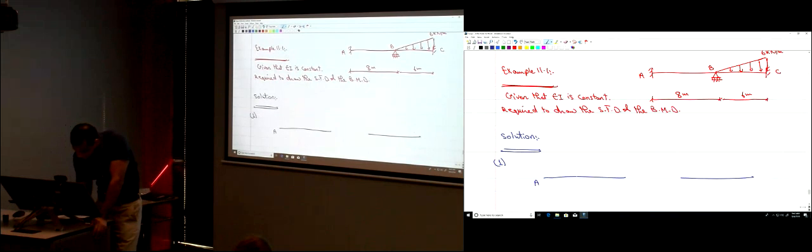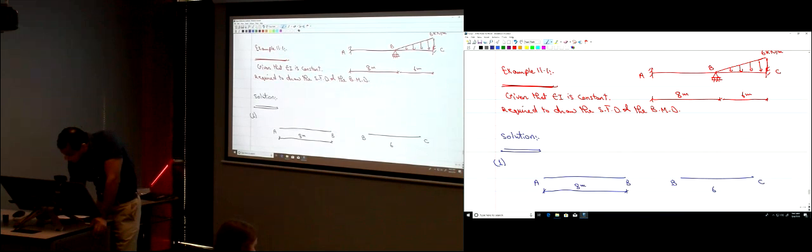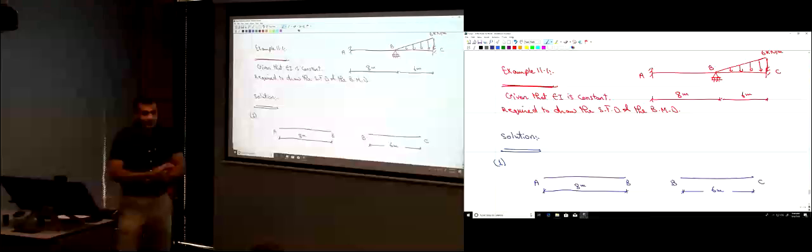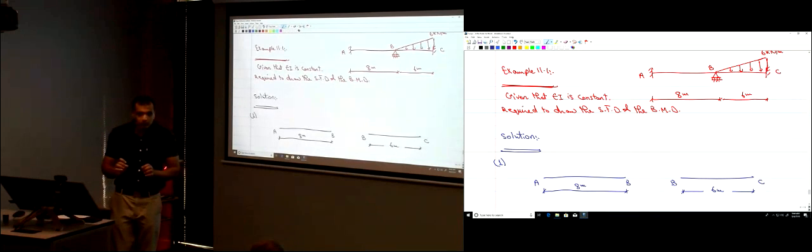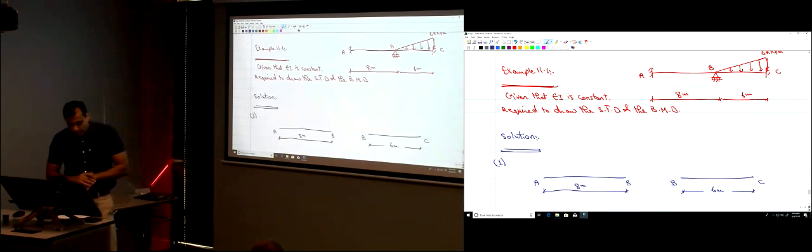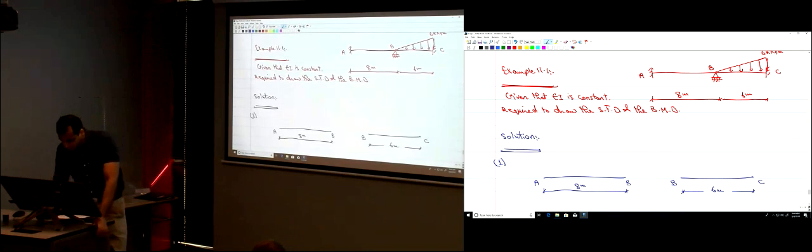What's the length of member AB? 8 meters. And the length of member BC? 6 meters. So each member has a different length. What are the loads on member AB? Nothing, the member loading is 0. On member BC, there is a triangular load applied.